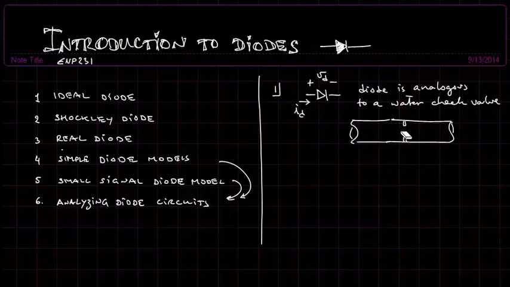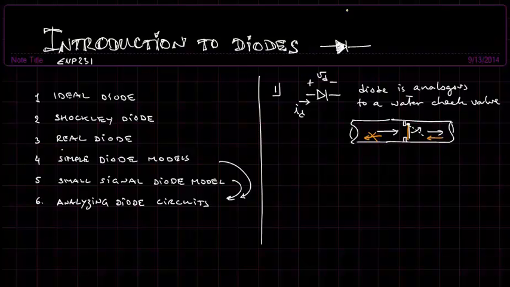Let me redraw this way. Water could flow like so. Maybe there was a hinge, so this thing could swing out and allow water to flow through. But if the water tried to come back in the opposite direction, the valve would shut and there would be no water flowing back. So it's like a flapper.